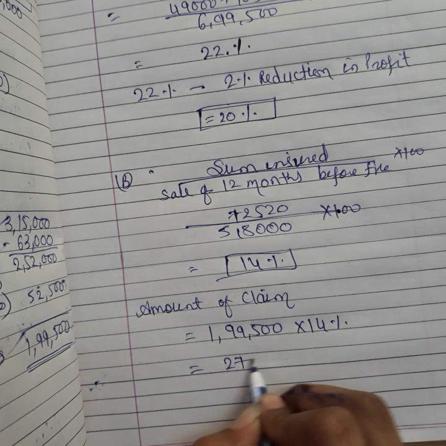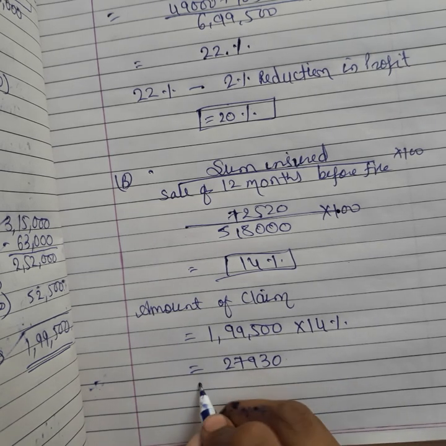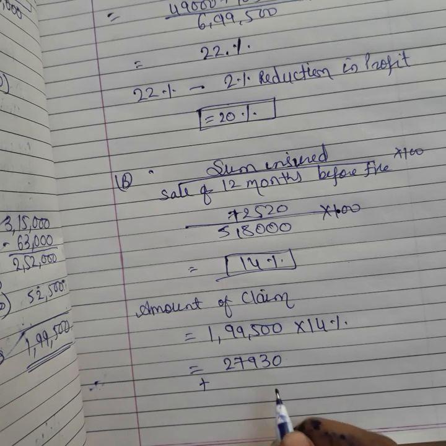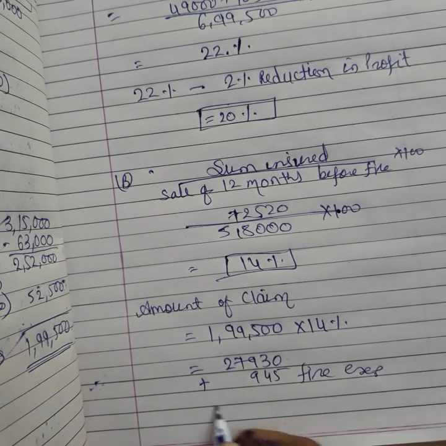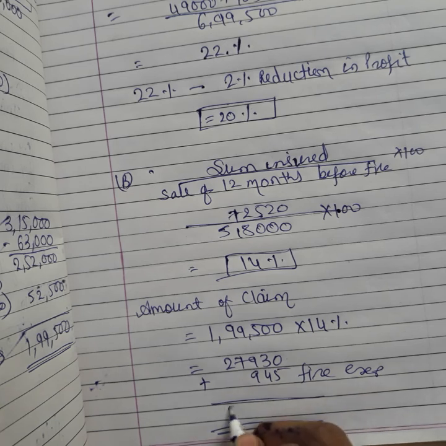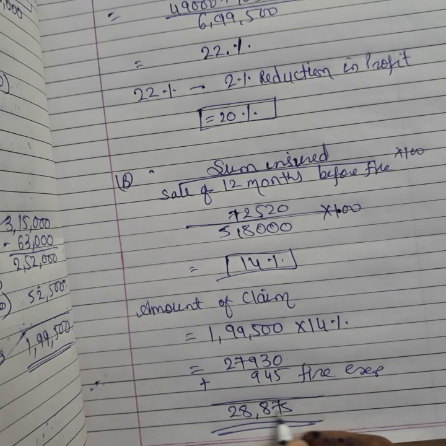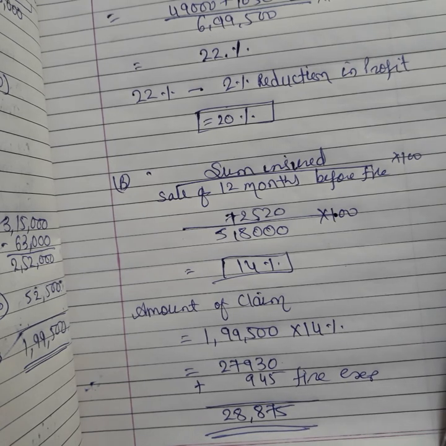So 27,930 plus fire expense 945. So the final amount of claim will be 28,875. So this will be the amount of claim for you.